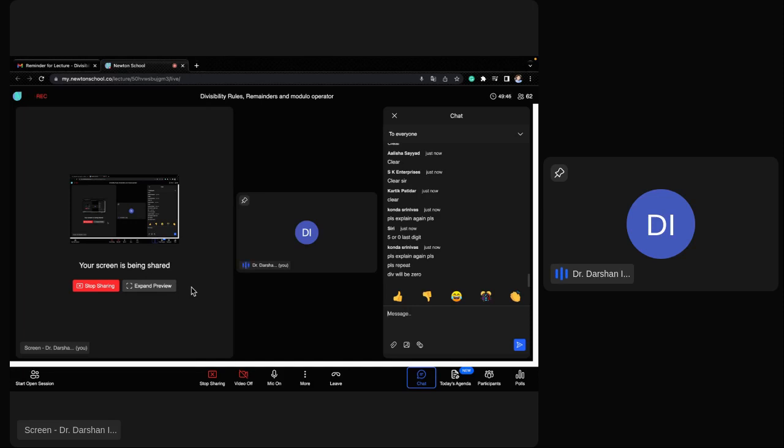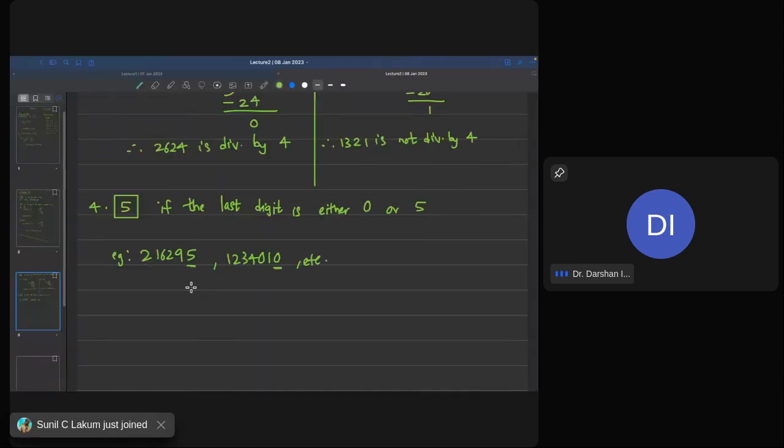Which one you want me to explain? See, you don't confuse me. What I asked you. You want me to explain divisibility by what? 5 or 4? This one or this one?